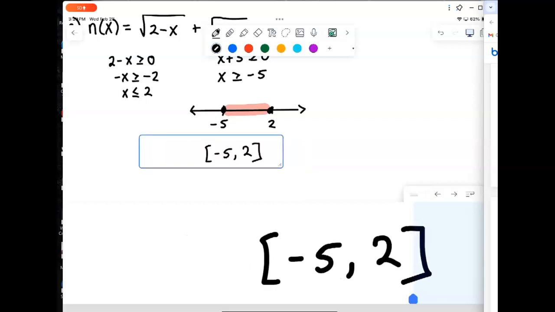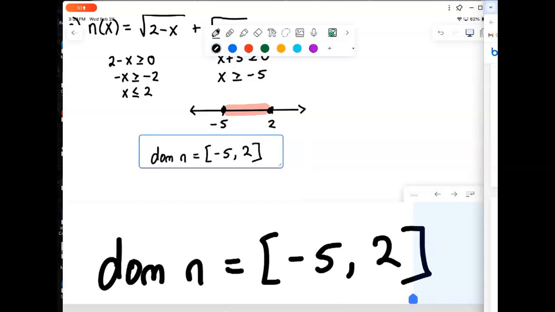And so here our domain of the function n would be the interval from -5 to 2.